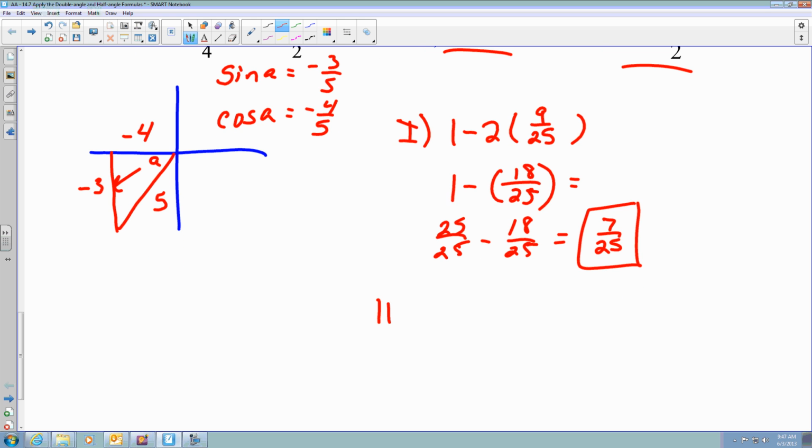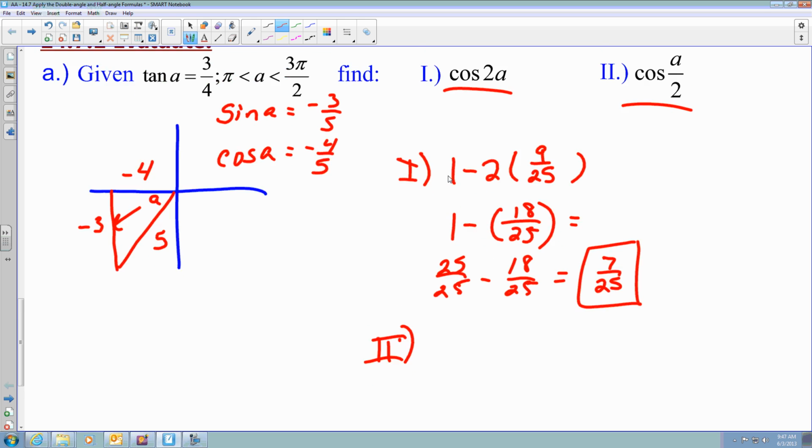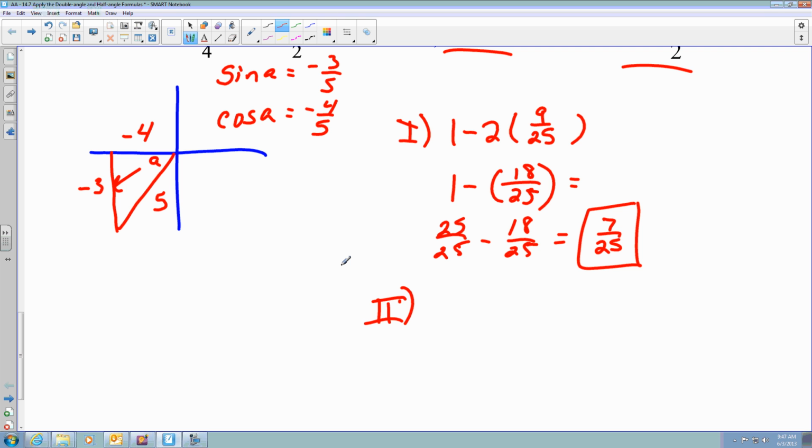To find the second one, cosine of a over 2, I have to put in the cosine of a over 2 formula. First thing I have to do is check my quadrant chart, and in this case, the cosine of a over 2 in quadrant 3 is negative, so I'm going to put a negative on the outside of this.